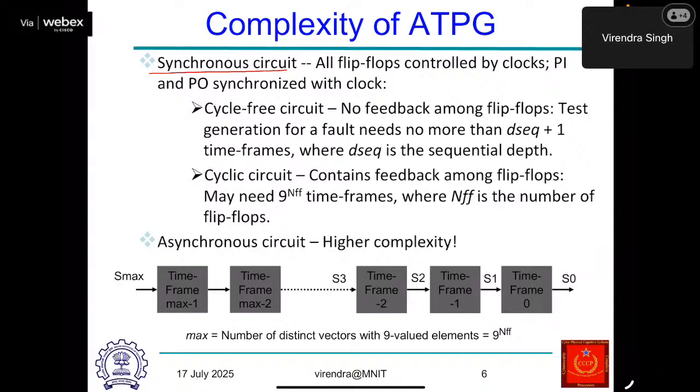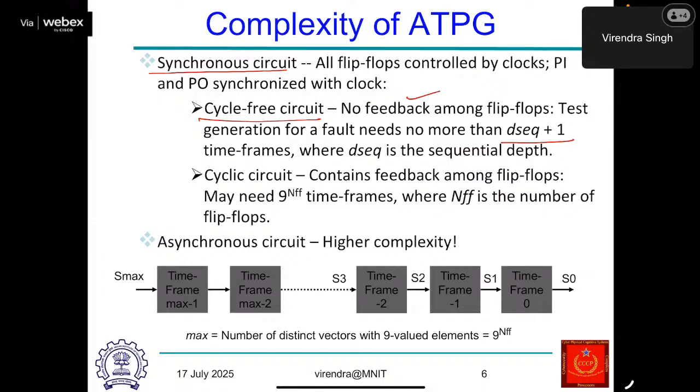For example, if you look at the pipelining in a microprocessor, you are feeding from the input, and then it has to go through various pipeline stages and then reaches the primary output, like from fetch to decode to execute to memory to write back. So that is only feed forward. So those kind of circuits are cycle free circuits. Now in a cycle free circuit there is no feedback, and if there is no feedback, in that case the number of times I need to replicate my circuit for the test generation is equal to the sequential depth plus 1.